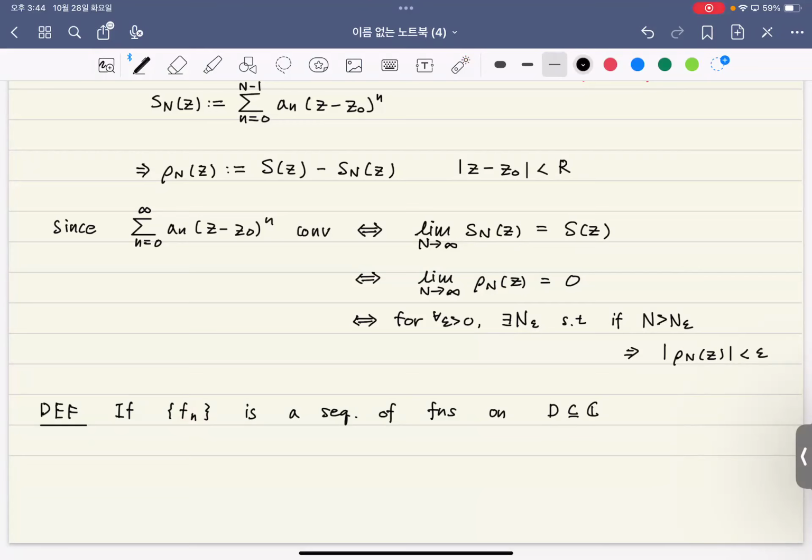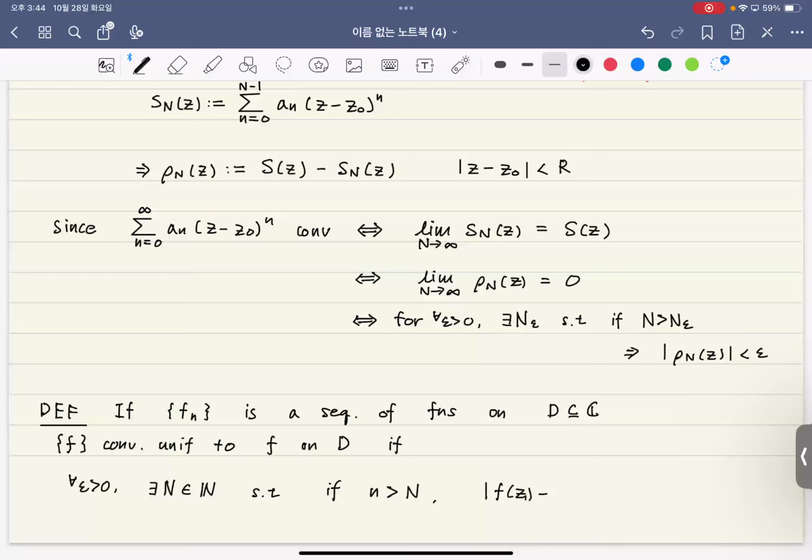Then we say this sequence converges uniformly to function f on D if for all epsilon you must be able to find some integer N such that if n is greater than N, then the absolute value of f_n(z1) minus f_n(z2) is less than epsilon for all z1 and z2 in D.